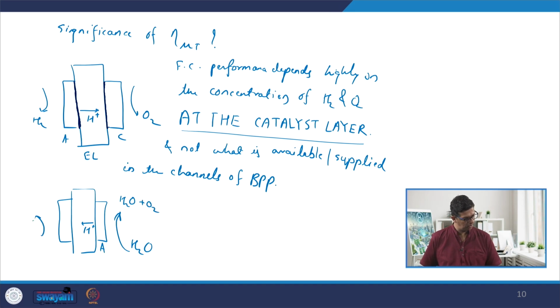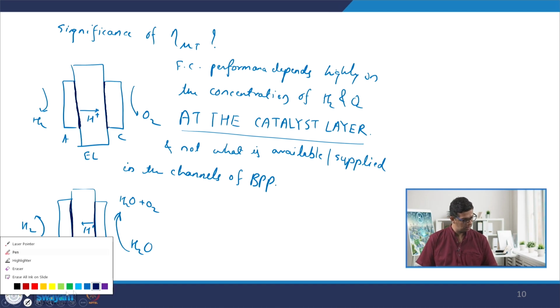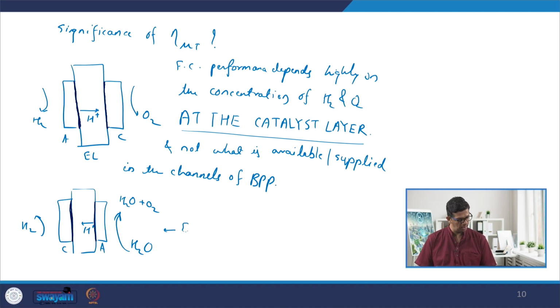So, we know that H2 gets produced on the cathode side. So, basically all these reactions are again taking place at the respective catalyst layer. So, in other words, if water is made available in bulk quantity at the catalyst layer, then and only then will the water splitting reaction take place in the case of the electrolyzer. So, this is for the electrolyzer, and this is the fuel cell.